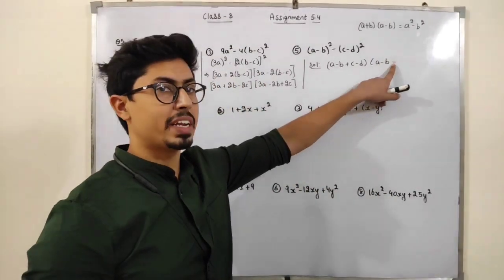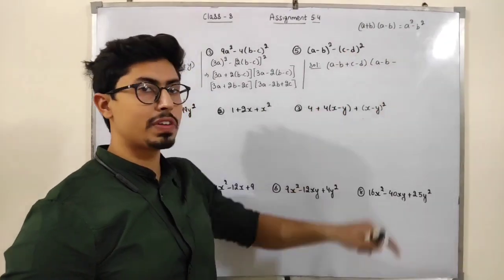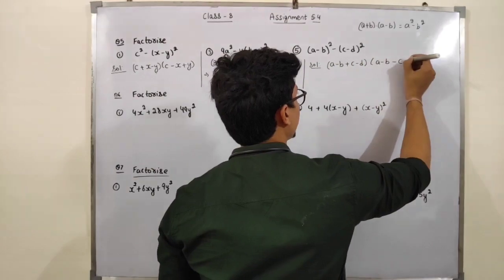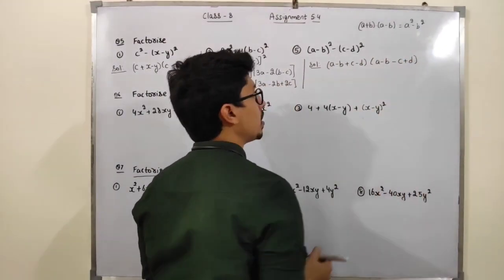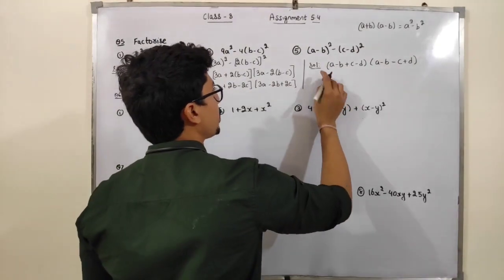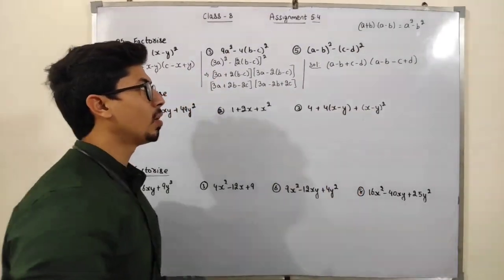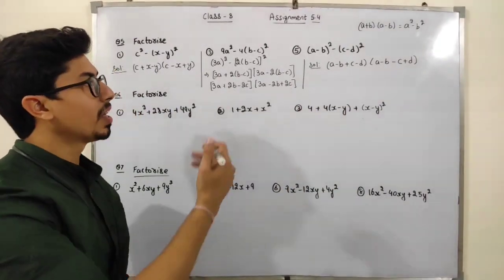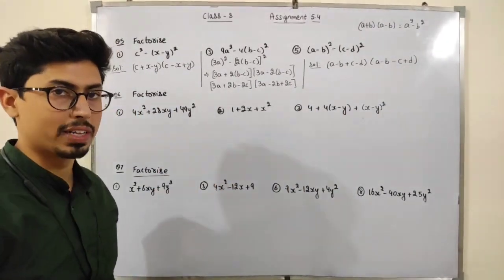See, I am writing negative, so the sign of this will change. So c is positive, so it will become negative. Now, students, see, nothing is getting cancelled out, so I can write c. This is our required answer, because nothing is cancelled out.